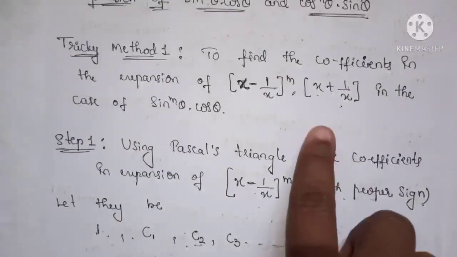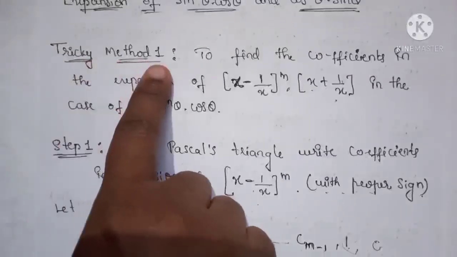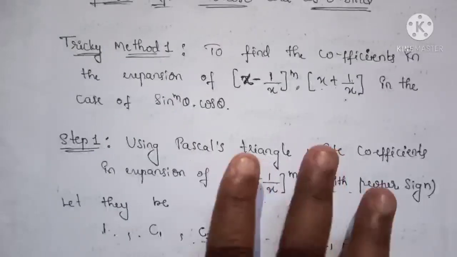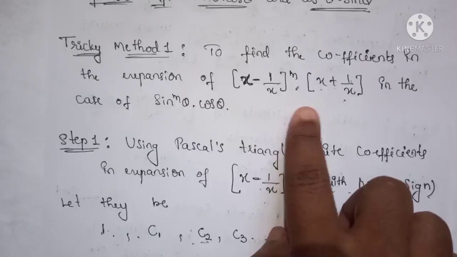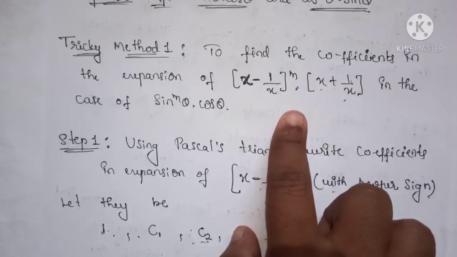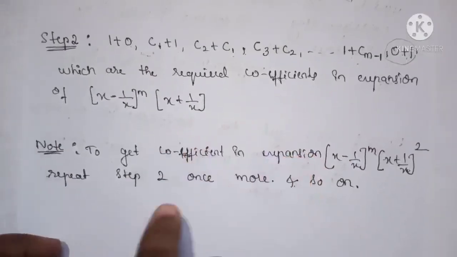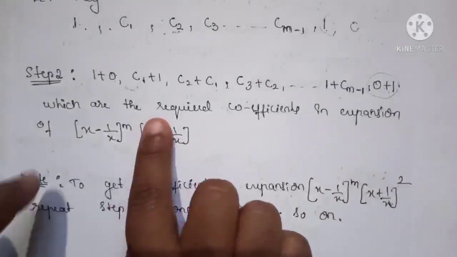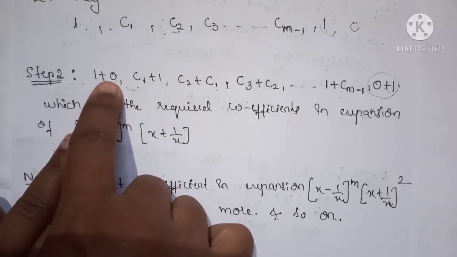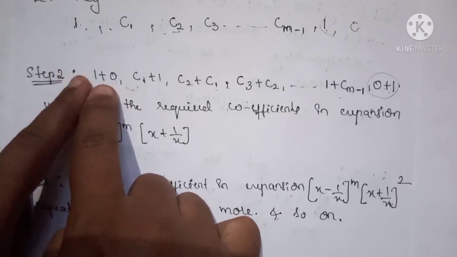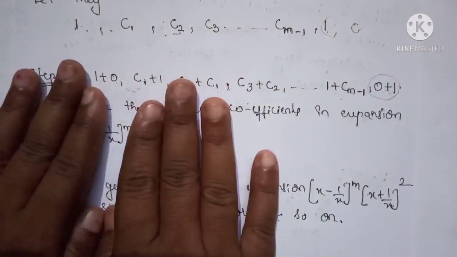That is the second tricky method too. Both are the same, the only difference is if it is minus we take minus, if it is plus we take plus. This is step 1.